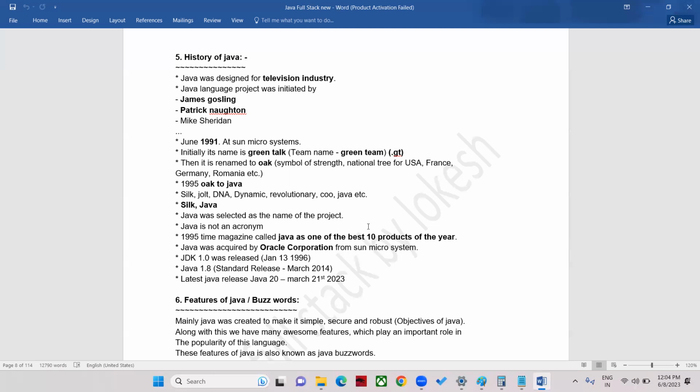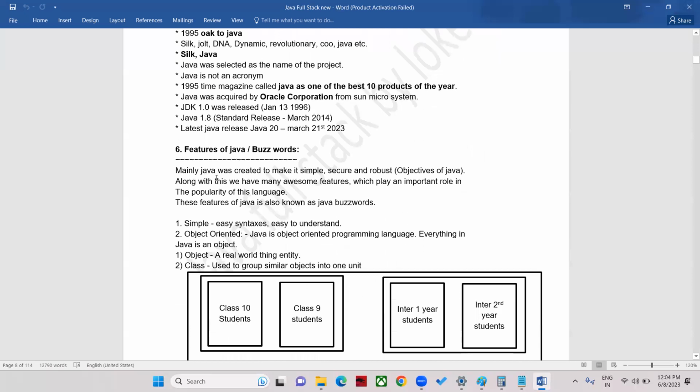If you don't have computers, sit with a fellow who has one. I'm showing you what to do, and you have to do it on your systems. Everything will be carried out in a practical manner. That is how we shall accomplish this Java thing. And tomorrow I'll be explaining the history of Java as well as features of Java.